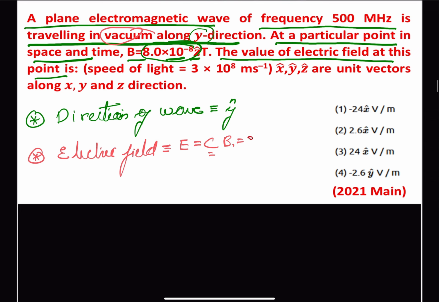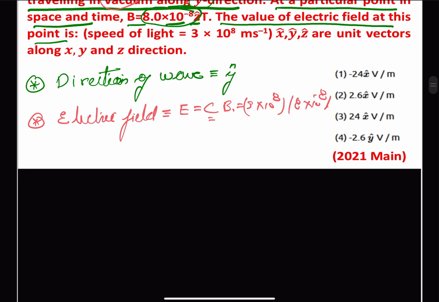And this comes as 3 into 10 to the power 8. And magnetic field magnitude is 8 into 10 to the power minus 8. Therefore, we get that the magnitude of electric field is equal to 24 volt per meter.